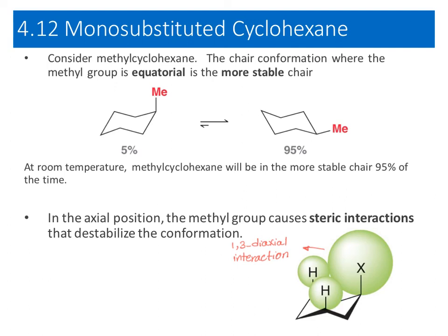Upon chair flip, the group that is in the axial position goes to the equatorial position. Therefore, that 1,3 diaxial interaction will go away, which makes the conformation more stable. So when you have monosubstituted cyclohexane, that substituent always prefers to be in the equatorial position. Now let's make a note of that.